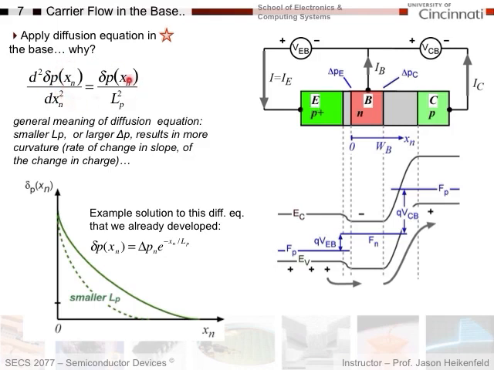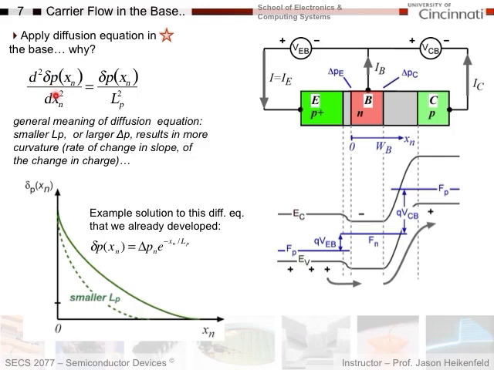So differential equations give you general behavior of some kind of system. They don't give you the exact solution, but they tell you general behavior. And if you look at this, look at the effect of some of the general meaning here. If you have a smaller LP or a larger delta P. And so this is basically not change in concentration, but this is the second derivative.